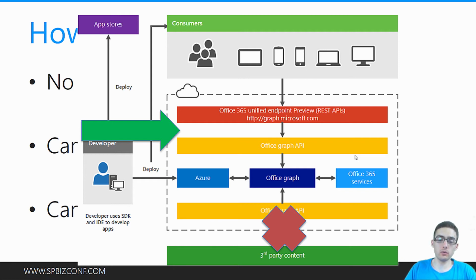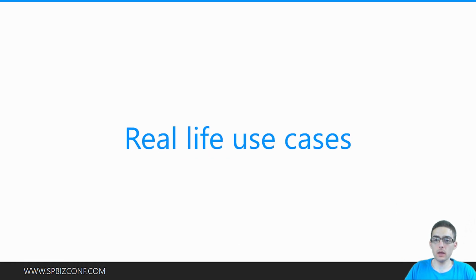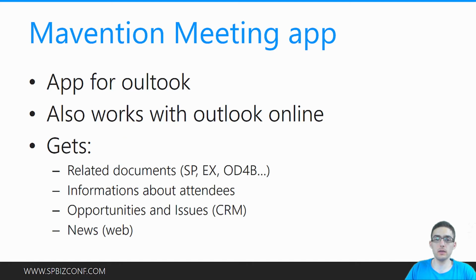What you also have available is, of course, HTTP endpoints like we saw, but also you have access to an SDK, which is in pre-release right now. I will put the links at the end of the session. Let's talk about one real-life use case, and that's something you will find in the Ignite session about the MVP showcase using the graph APIs.